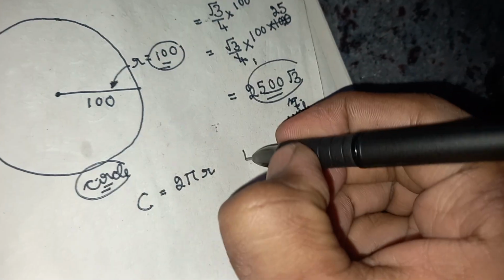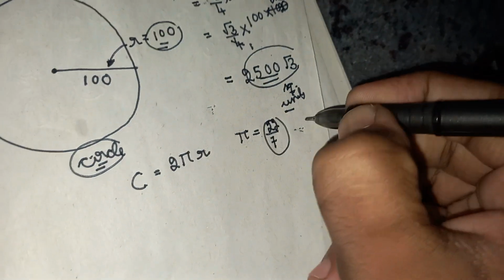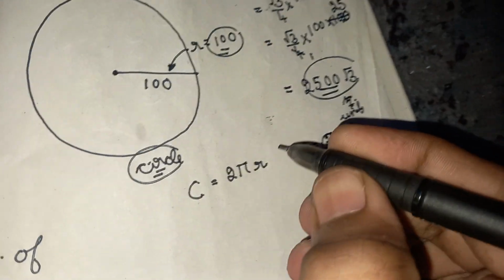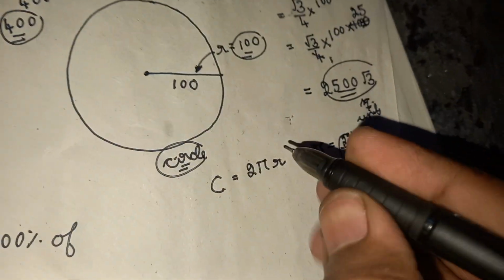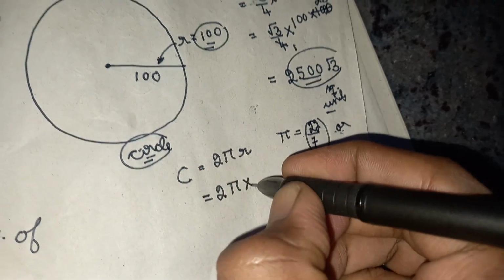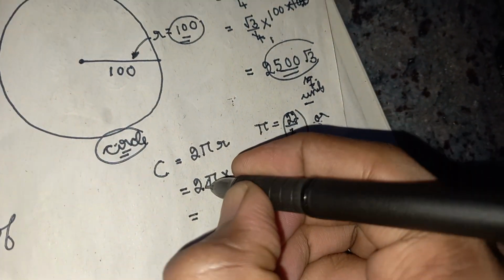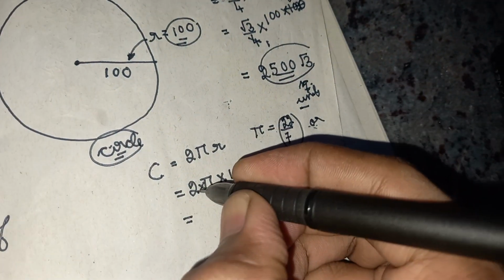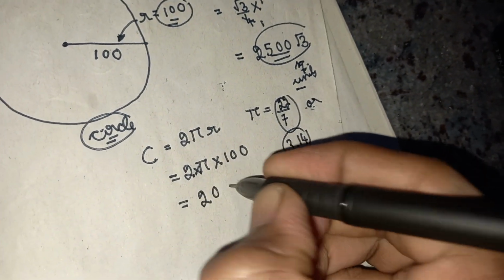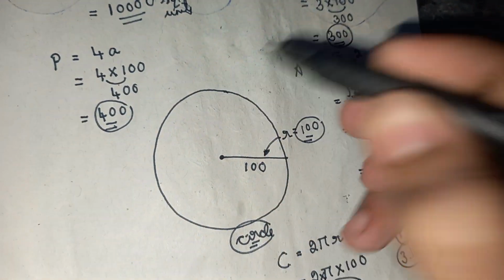Pi is a constant, you can substitute if you want as 22 by 7 or 3.14. Now let's remain it as pi itself. You're going to get 2 times pi times radius 100 units. Here 2 times 100 means 200 pi units. That is the circumference of the circle.